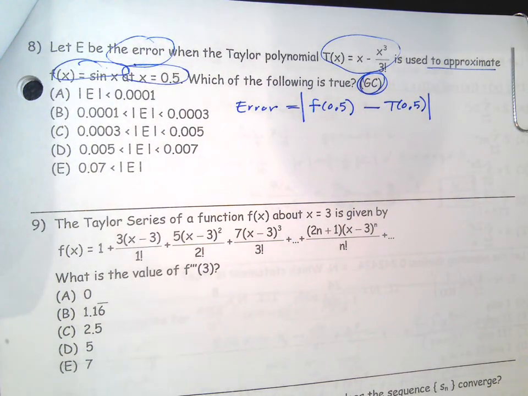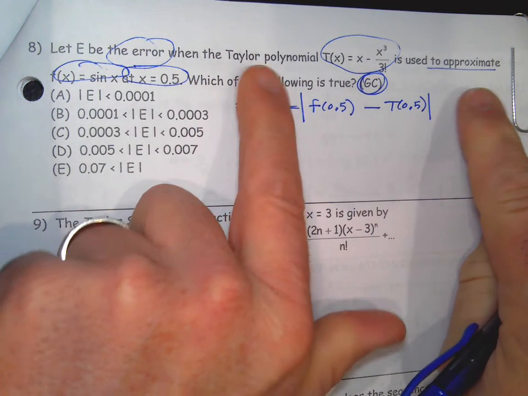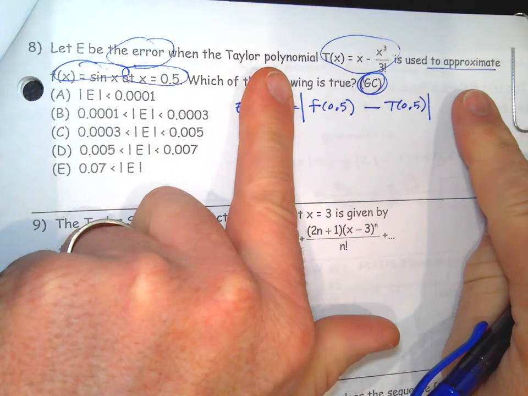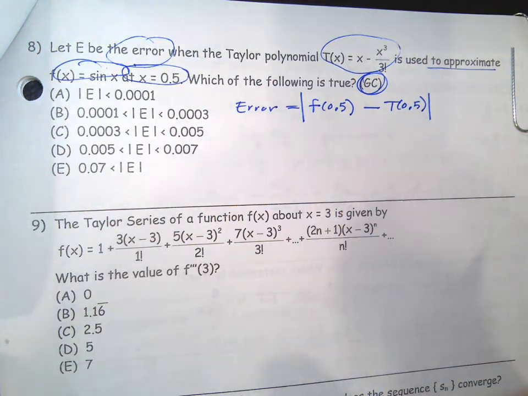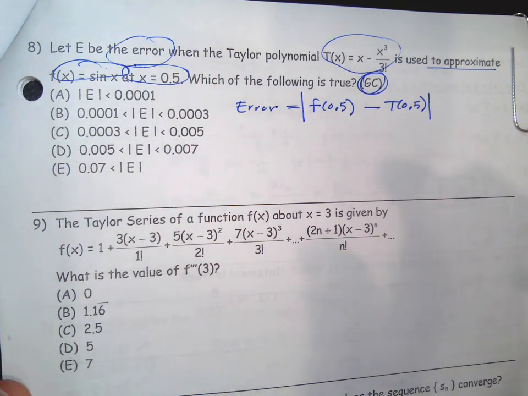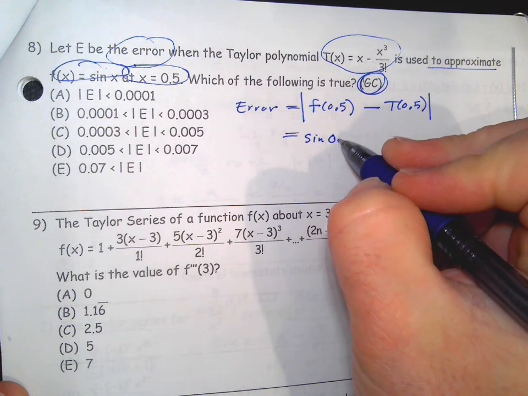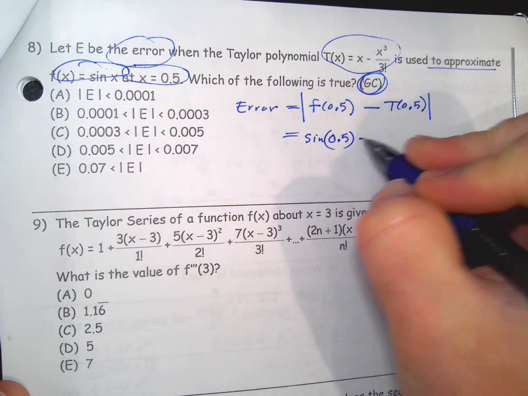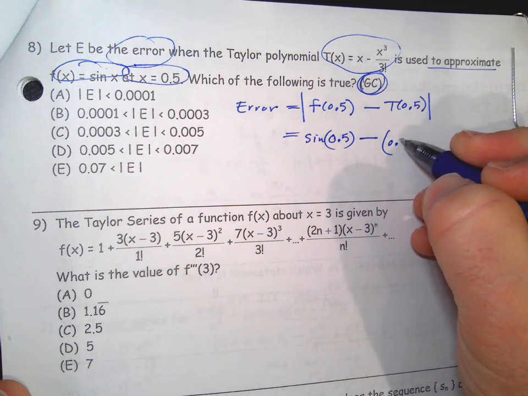And this is something you're going to start to see a lot more, especially on free response problems. You might just see this and say, oh, they're talking about the error, right? That's the error. The difference between the actual value and the estimate is the error, how far off it is. So that's going to be sine of 0.5, and we can use the graphing calculator, minus, and we're going to plug 0.5 into this.